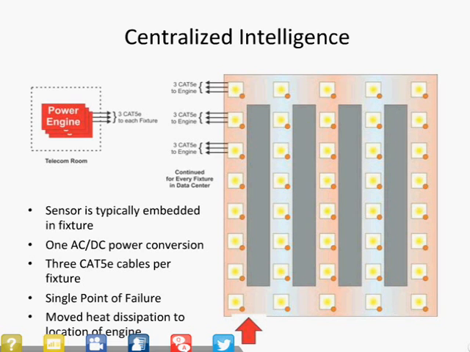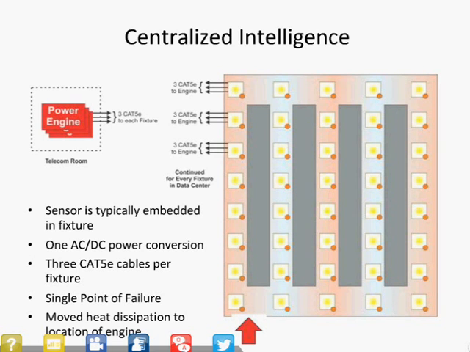As the person enters the data center, only those lights where the person walks are illuminated, and all the others stay off. The lights here are powered via the Cat5e cables, so there's no AC power required in the ceiling to power the lights. All DC power conversion is performed at the power engine, and that power engine, as you can see, is over on the left-hand side of your screen.